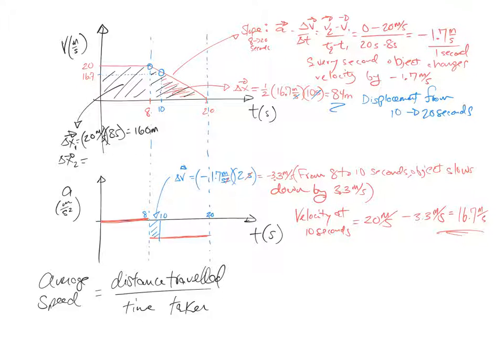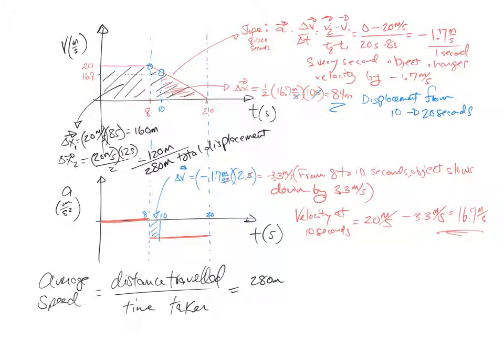So there's two displacements. I'm going to add them together. So from 8 to 20 seconds is going to be 20 meters per second times 12 seconds, and I'm going to have to cut that in half because that's a triangle. So that's 10 times 12, basically. So that's 120 meters, right? So altogether, that's 280 meters total displacement, which is positive displacement, which means my object traveled 280 meters in distance.